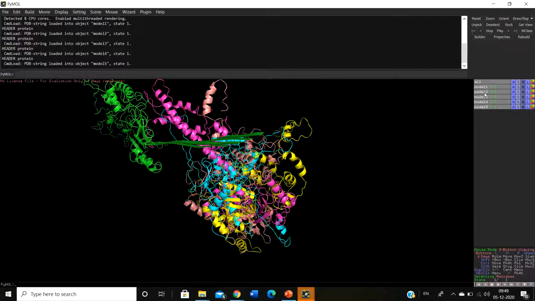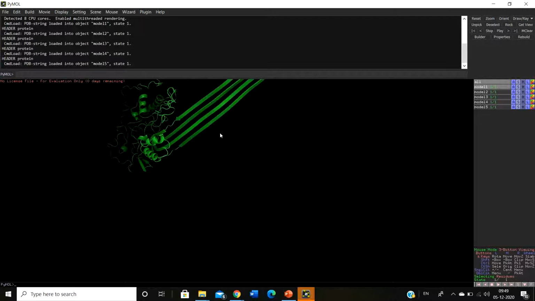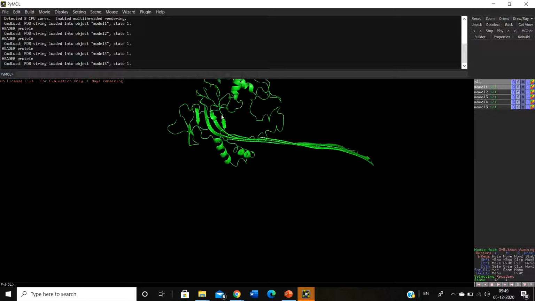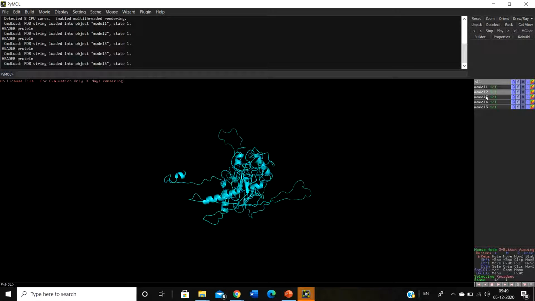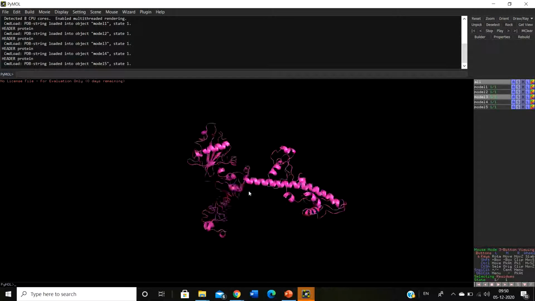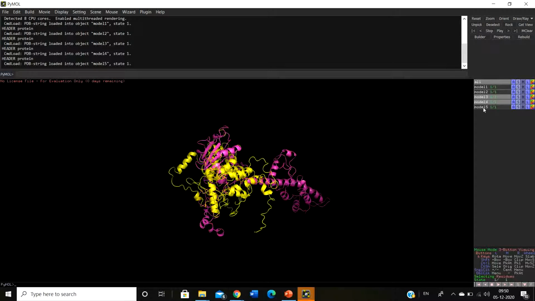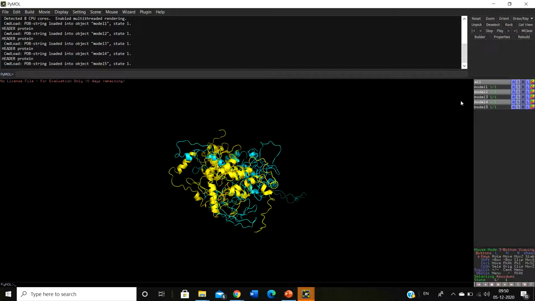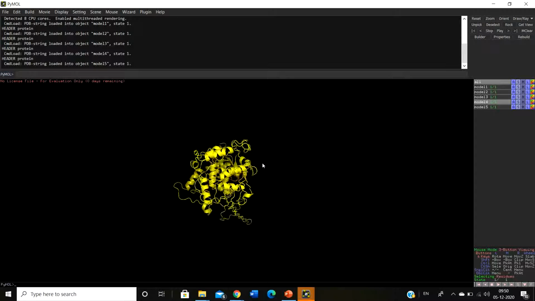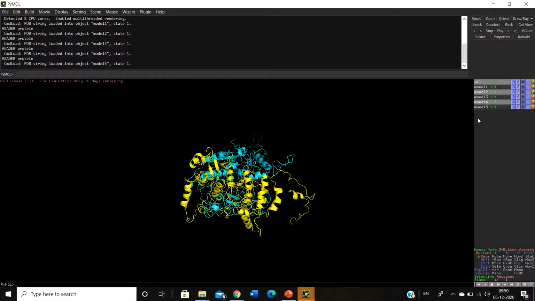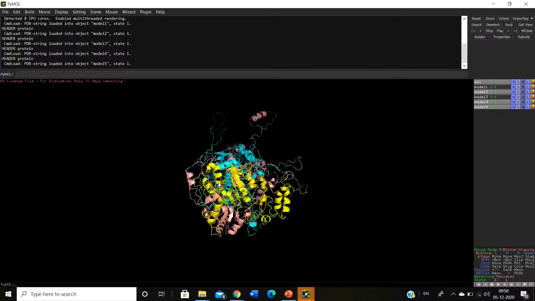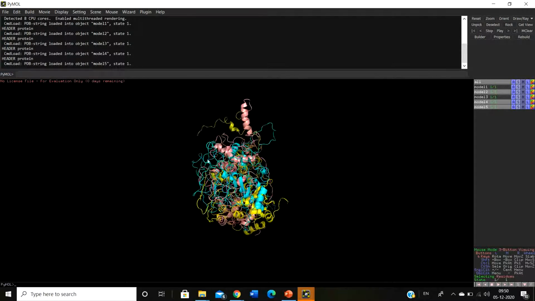Okay, so these are the 4 or 5 models that I have. This is the first model that I'm going to reject outright. This is the second model. This is the third model that I'm going to reject. Fourth model. Now see, the second and fourth models are more or less similar, not exactly the same, and they have a similar kind of trend.